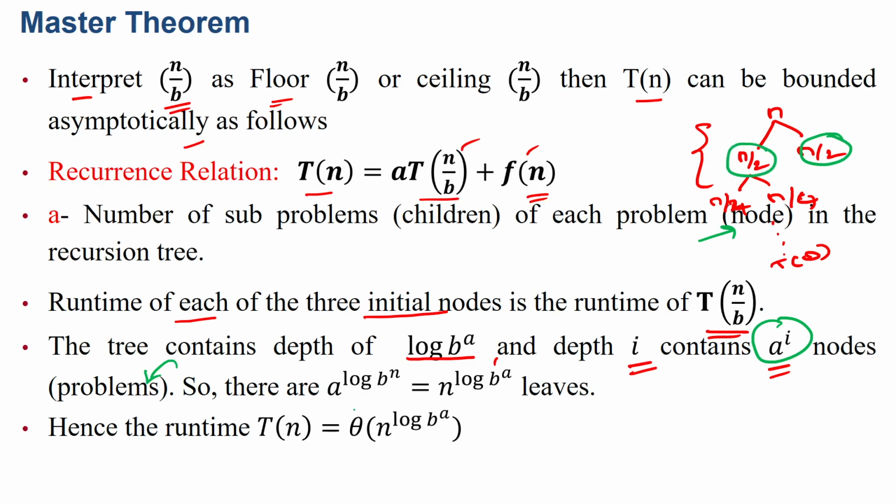So we can define a to the power log base b of n as the number of leaf nodes. Here we can substitute a equal to n subproblems. So now the runtime can be defined as big theta of n to the power log base b of a. That is the number of subproblems. So finally we will have this many leaf nodes.